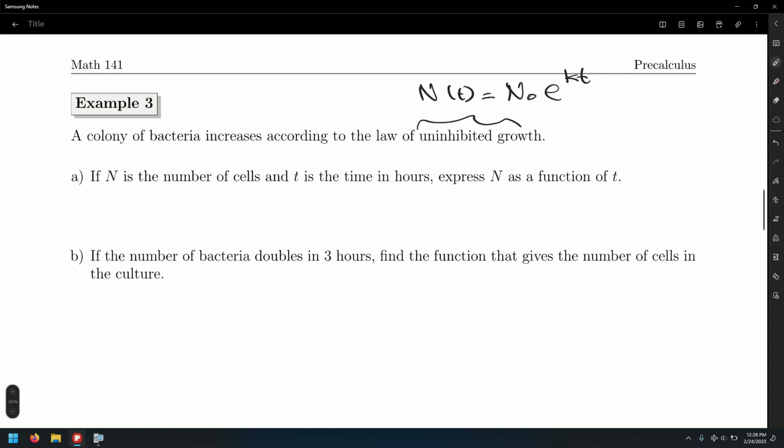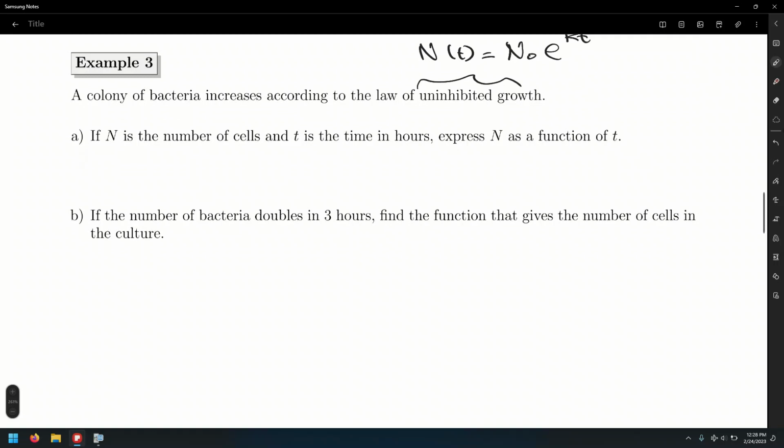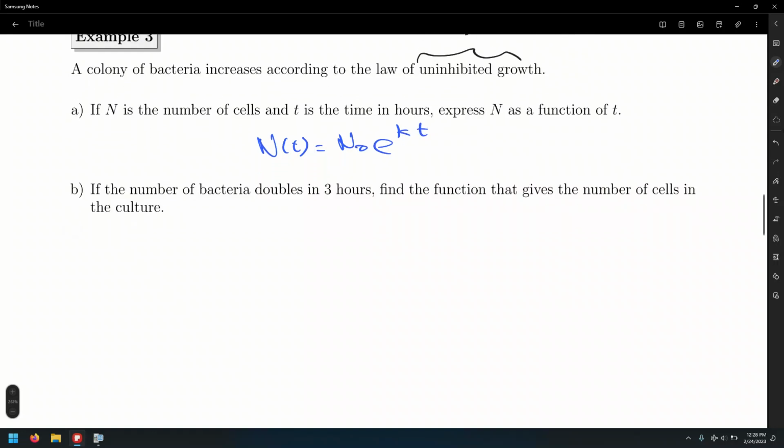So for growth, number one, for part A, if N is the number of cells, and t is the time in hours, the number of cells reproducing in a living being, for example, express N as a function of t. And well, again, I'm just going to repeat myself here. That's N of t equals N initial e to the kt. All right. So we're going to start with that and then answer a couple of questions.